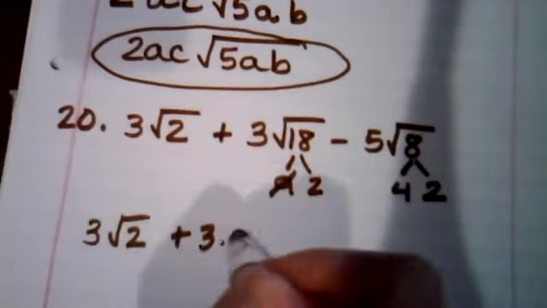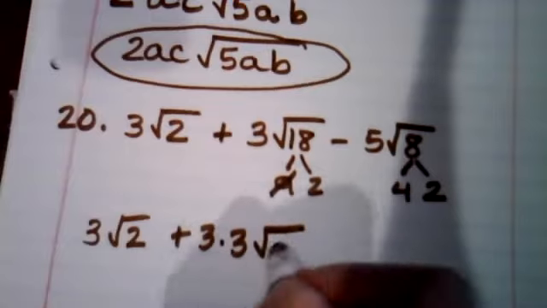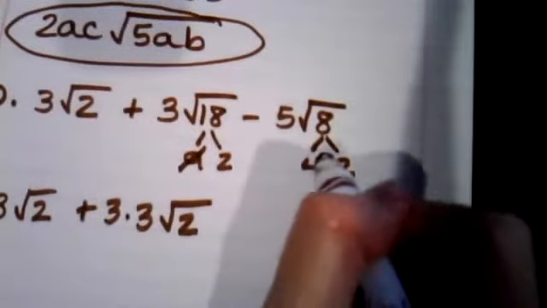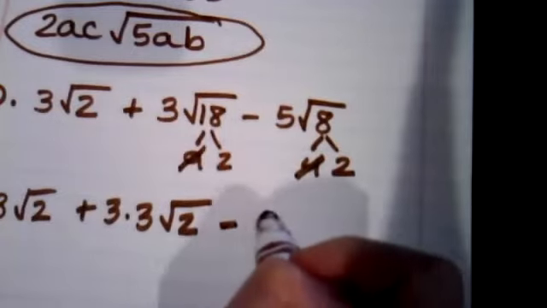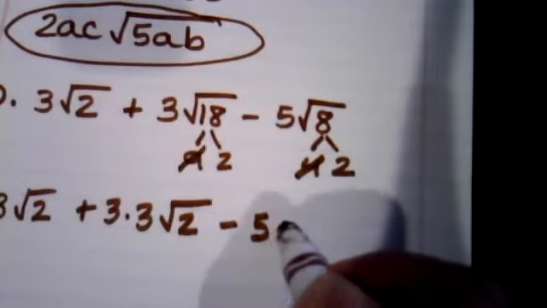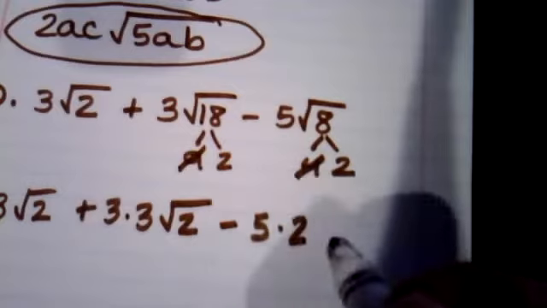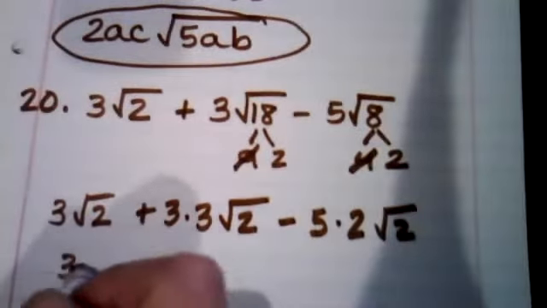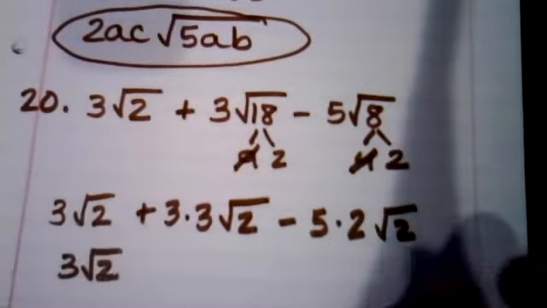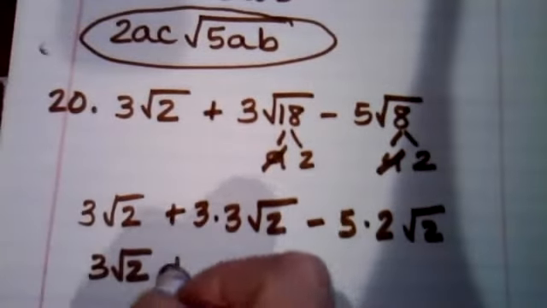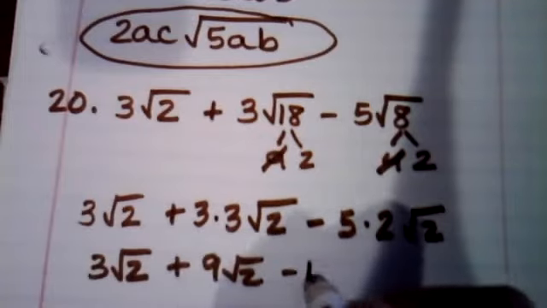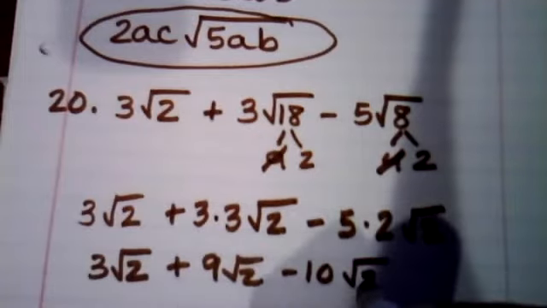So 3 times 3, I still have my square root of 2 on there. And same thing for this. When I pull that out, I do this, 5 times 2 from that 4, square root of 2. So I have 3 square root of 2 plus 9 square root of 2 minus 10 square root of 2.